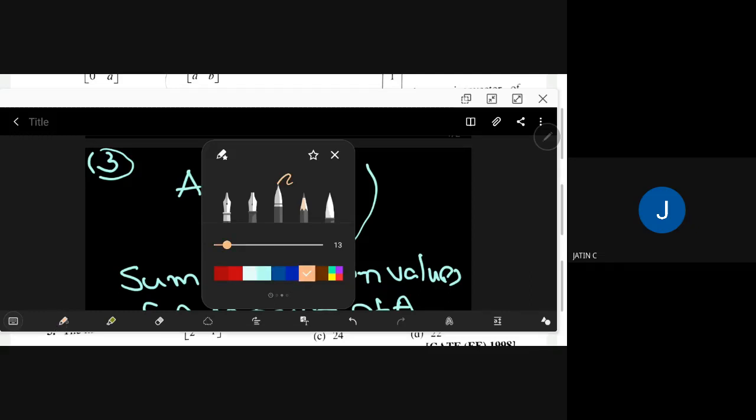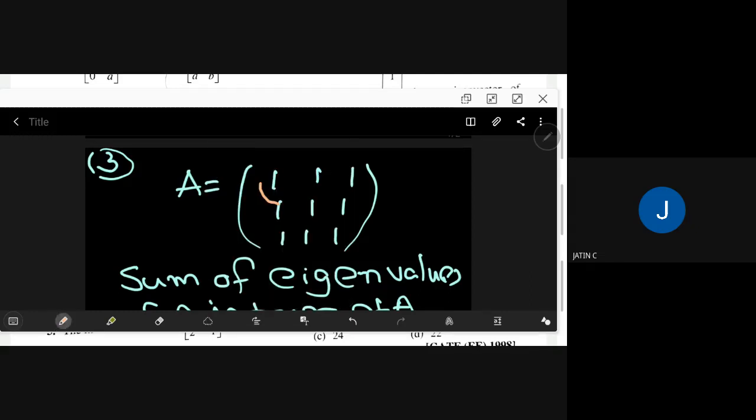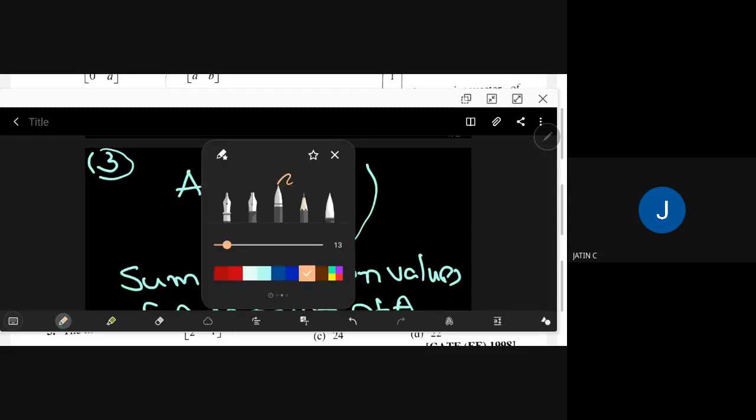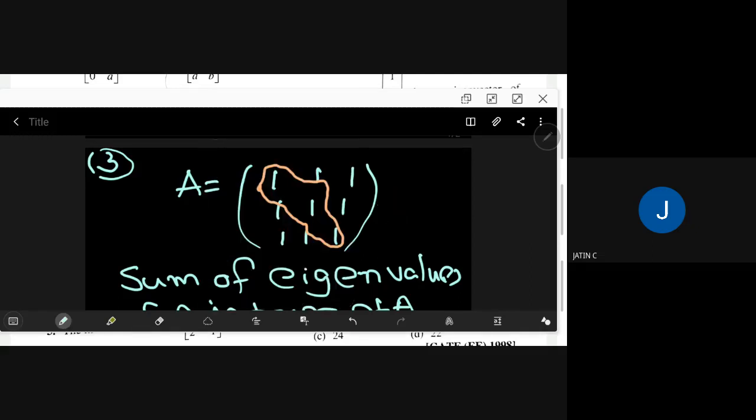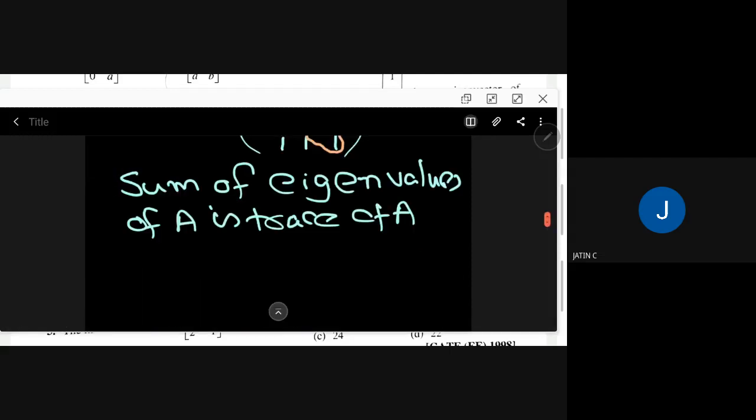So where is the principal diagonal here? This is the principal diagonal. If you add that, that is 3 here. That is why the trace is 3 here.